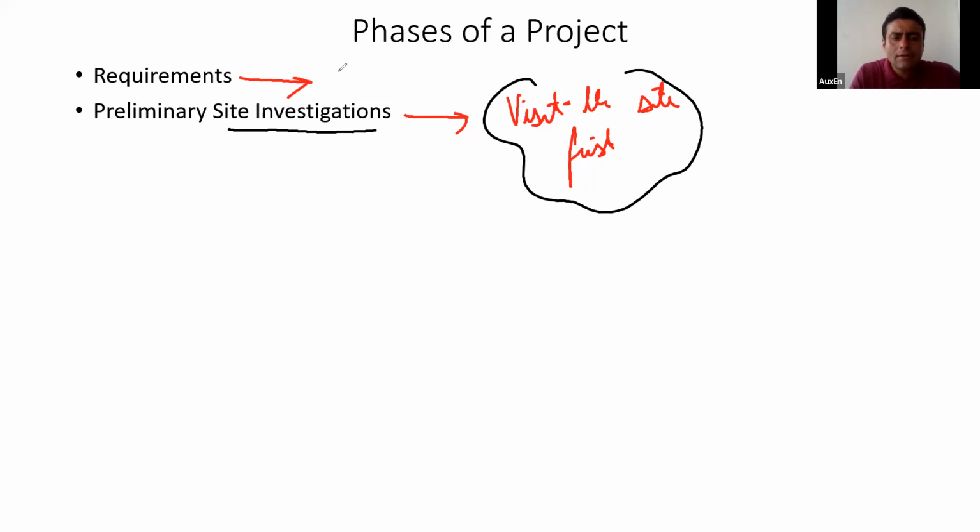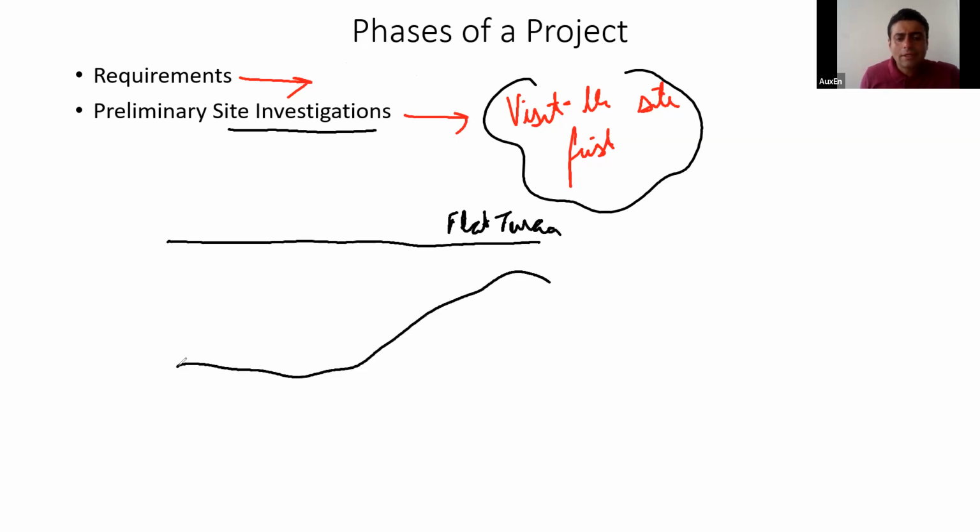I will give you one more example of how visiting the site may impact your planning also. Suppose you have a flat terrain. And suppose you have a terrain like this. All right. Suppose you have an undulated terrain.